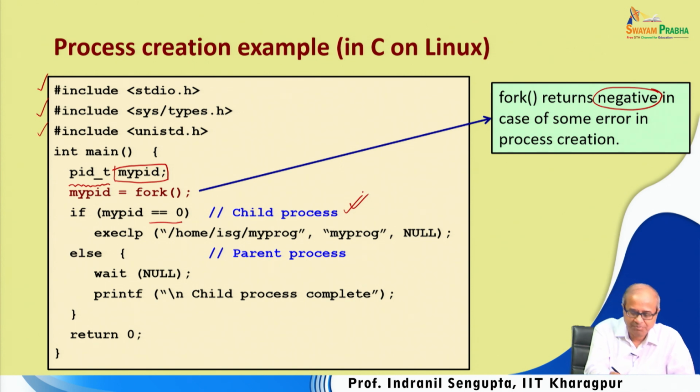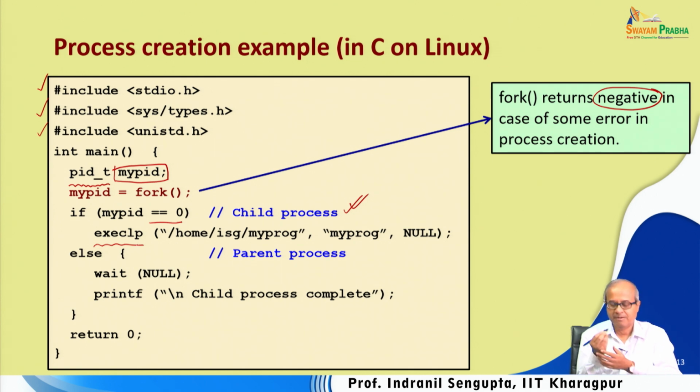I am giving one example, execlp, one system call of the exec family. Execlp takes 3 parameters. One is the path name of the command you want to execute, myprog. Second one is again the name of the program, myprog, and the third parameter normally you do not give anything. There are some options I am not discussing here; you can give NULL.